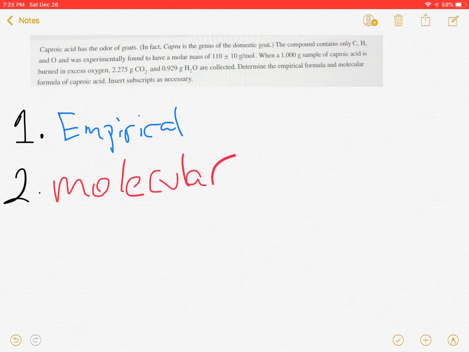Remember that the empirical formula is always a whole number ratio of the moles of each element inside a molecule. So in this case, we want to figure out the moles of carbon, the moles of hydrogen, and the moles of oxygen, because we're told that these 3 elements only make up cuproic acid.